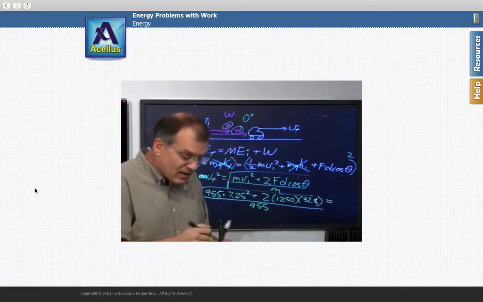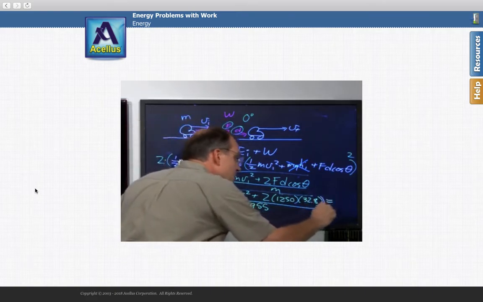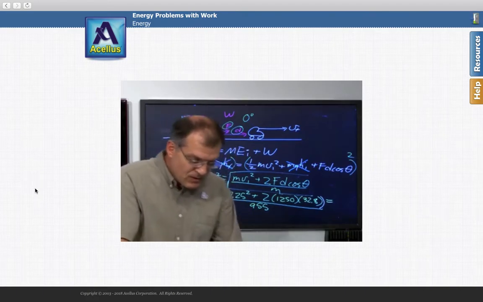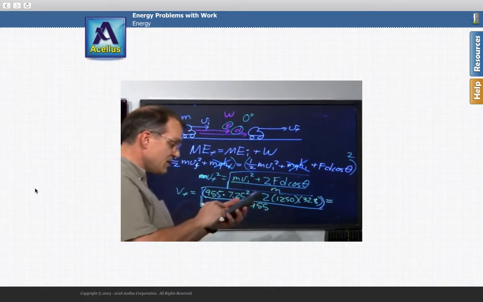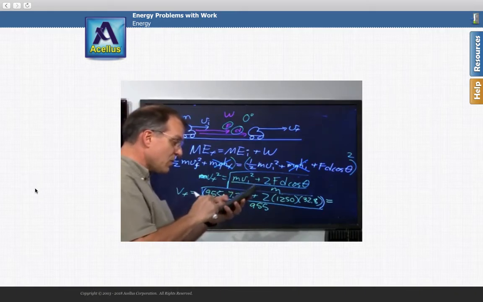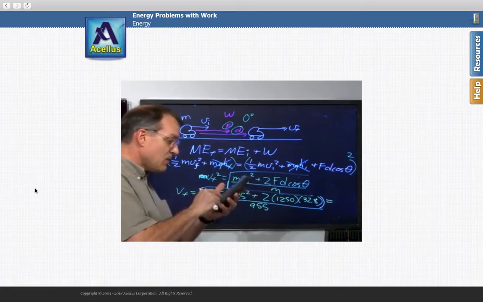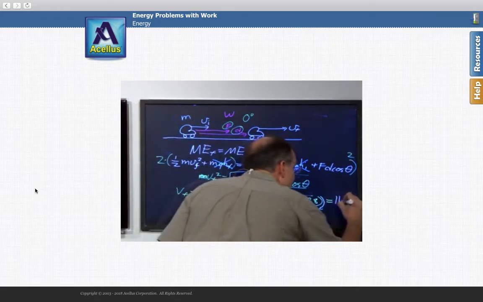Okay, entering this in your calculator, be careful. Put a big parenthesis around the top, or hit enter when you're entering it in your calculator. So, the velocity is square root, parentheses, another parentheses at the top, 955 times 7.25 squared, plus 2 times 1250 times 32.8. Close the top parenthesis, divided by 955, close the outer parenthesis, 11.8 meters per second.